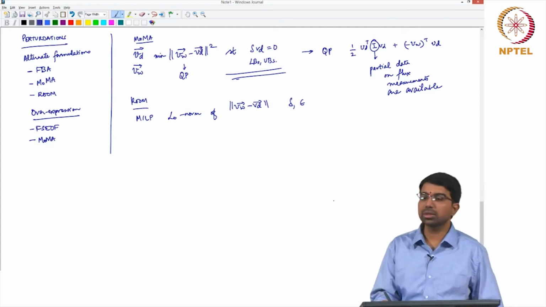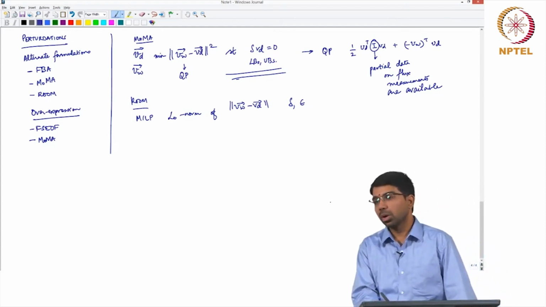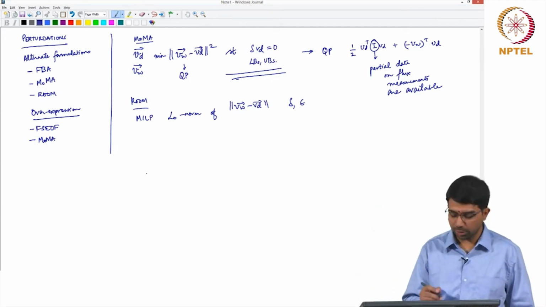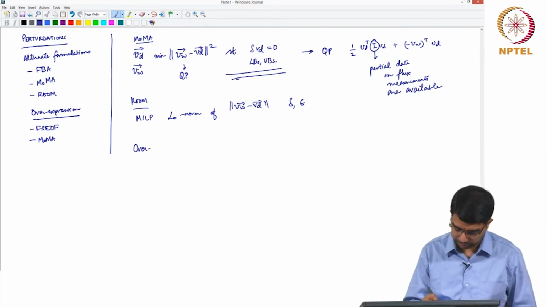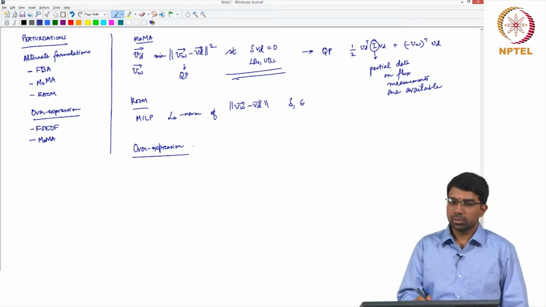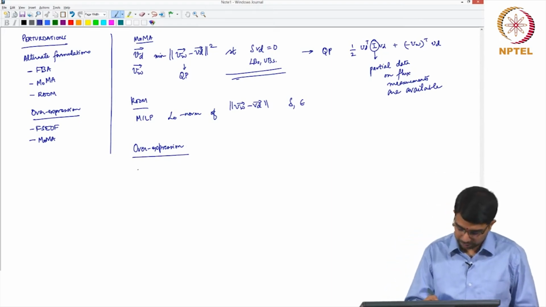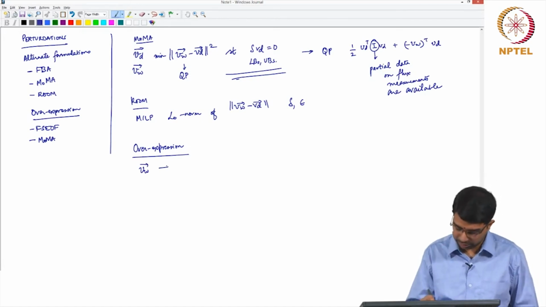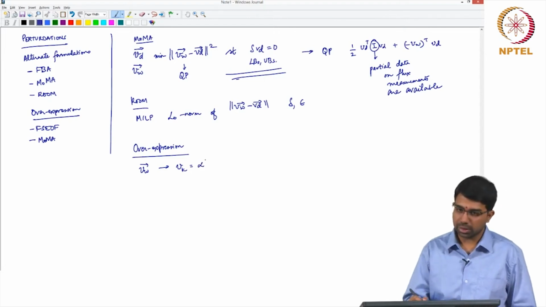How would you simulate overexpression with MoMA? Or before that, how do you even simulate overexpression? Increase the lower bound. So you basically solve first and you get a wild type flux, and now let us say some Vk equals some alpha, right.